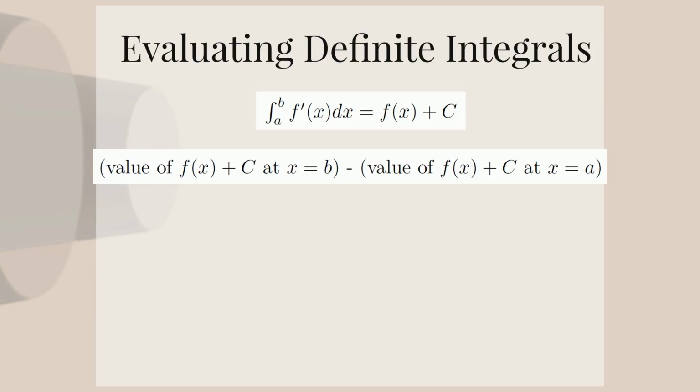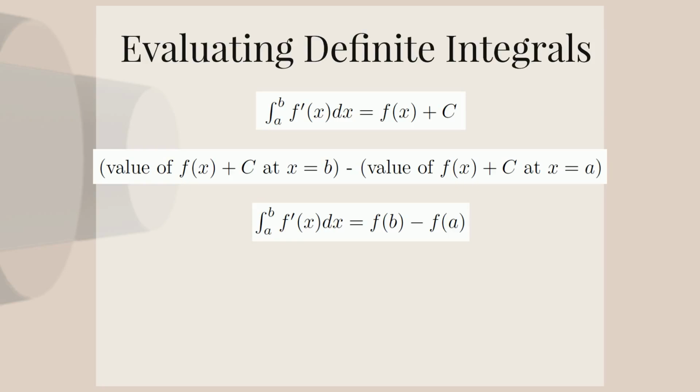So this is the same as saying the value of f of x plus c at x equals b minus the value of f of x plus c at x equals a. So those are our limits there. And the c's are going to cancel out since we have those on both sides of our subtraction: we have a c minus c.